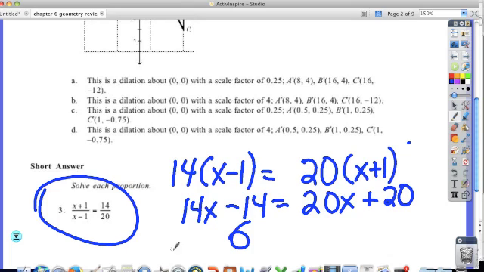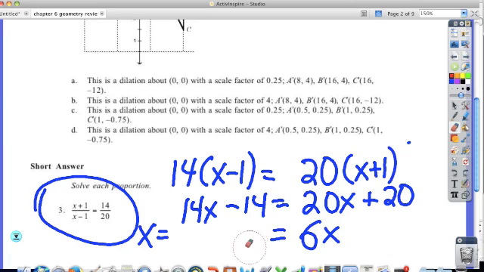And I'm going to subtract 14x from 20x, and I'm going to get 6x. So x equals what? I messed up. What did I do wrong? You can't add 20, you have to subtract. Oh, I messed up. See, and I'm just recording it like this.